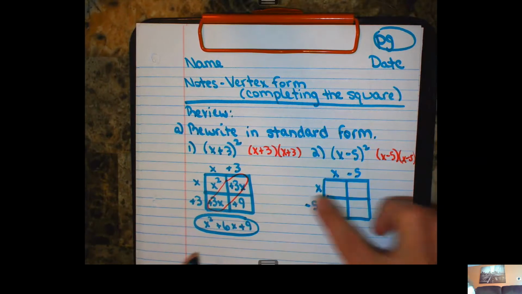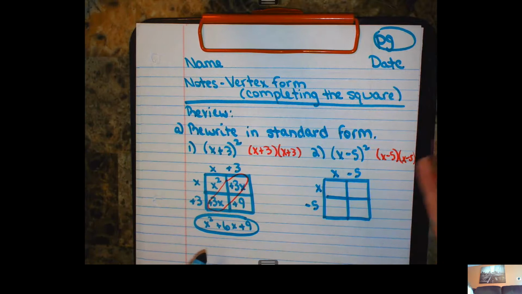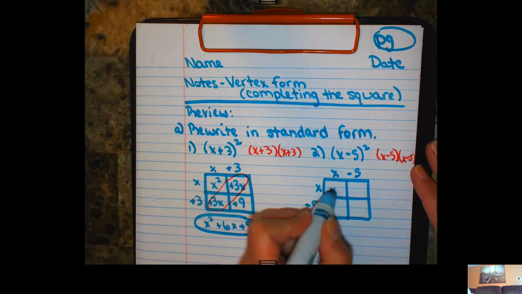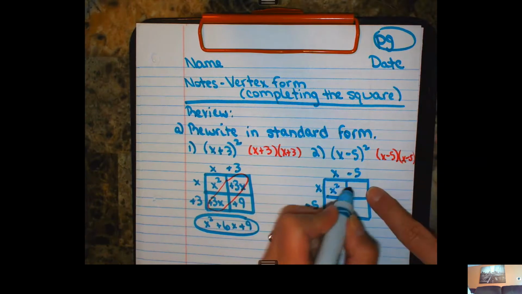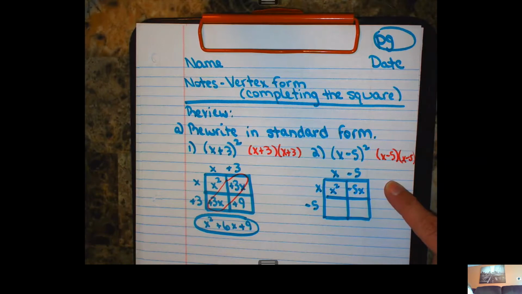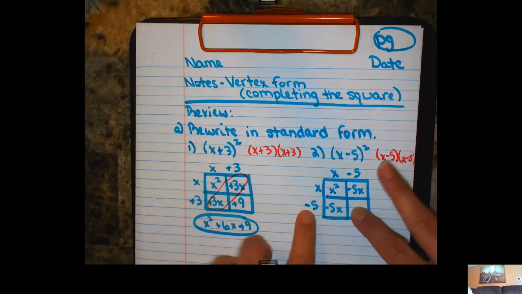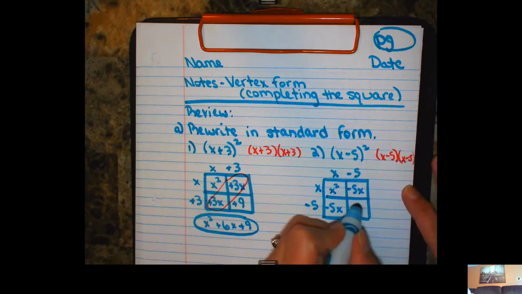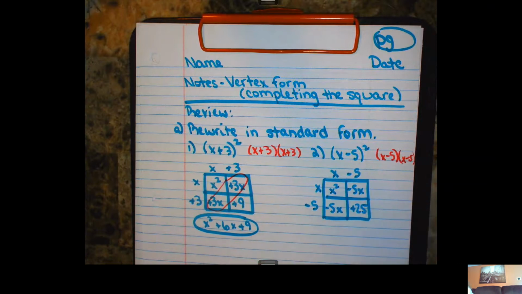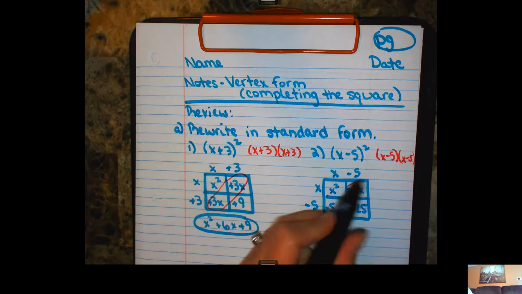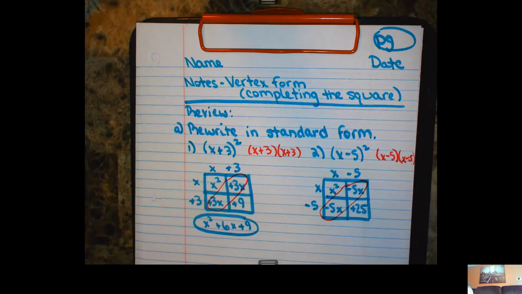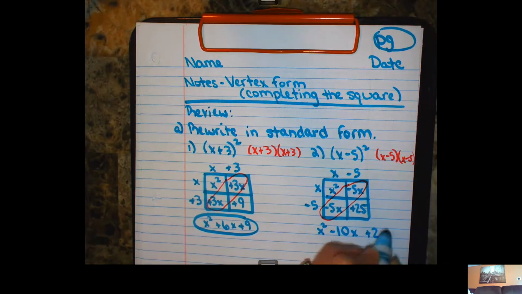Notice same binomials on the side and on the top. So x times x is x squared. This box becomes minus 5x. This box becomes minus 5x. And then negative 5 times negative 5 is positive 25. If we combine like terms and rewrite in standard form, we get x squared. These two, negative 5 minus 5 is negative 10, so negative 10x, and then plus 25.